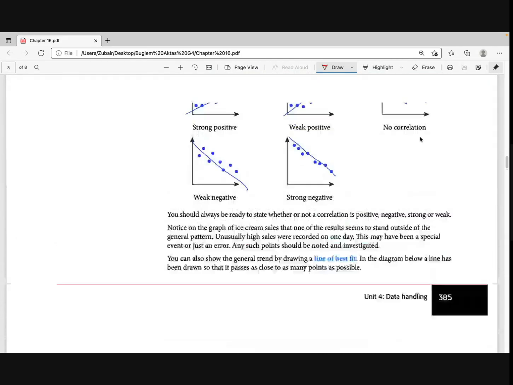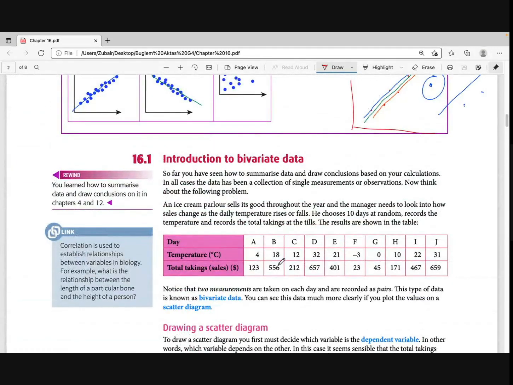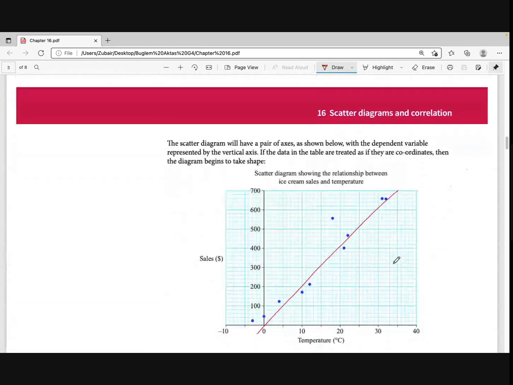For example, look at this and see the highest temperature is 32, right? Yes. So how would we know what happens when the temperature is 33 or 35?